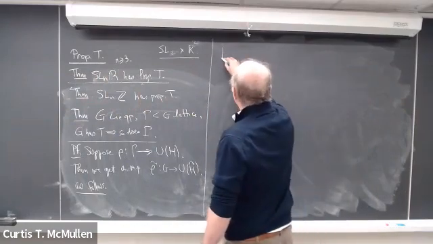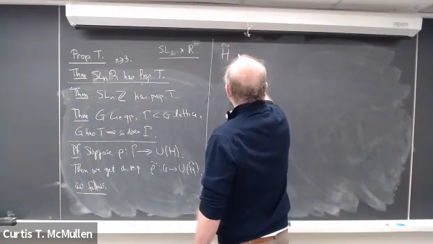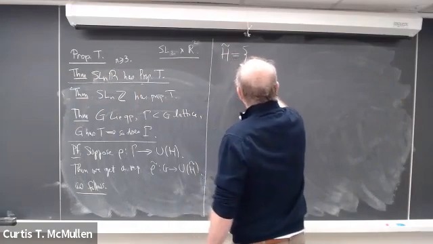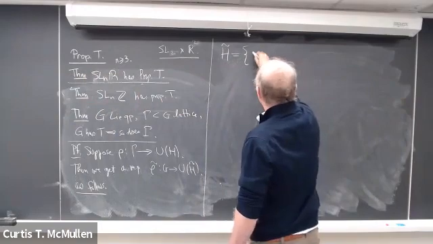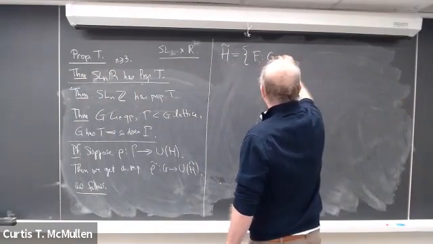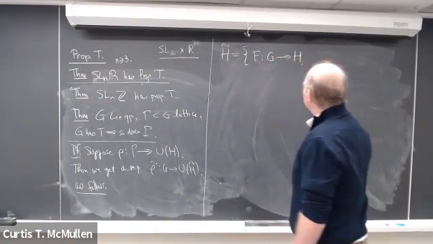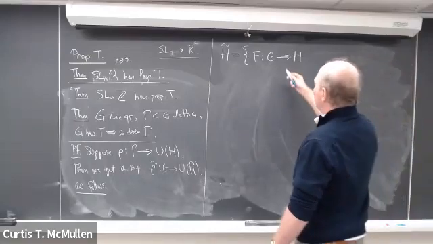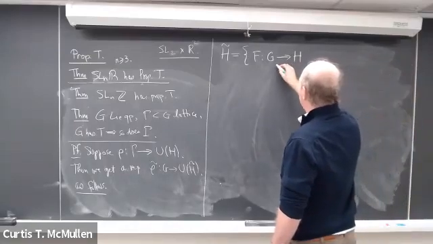The lowbrow or brass tacks version is this. You let H tilde be the set of maps F from G into H. These, of course, should be measurable or Borel.